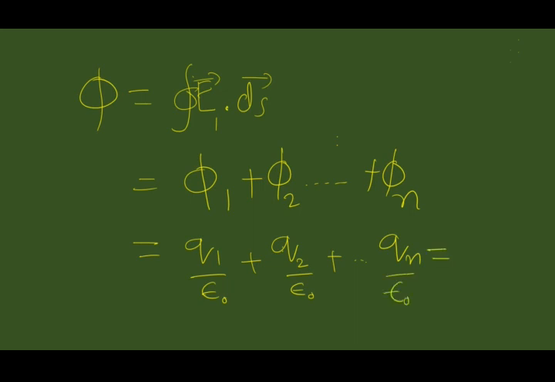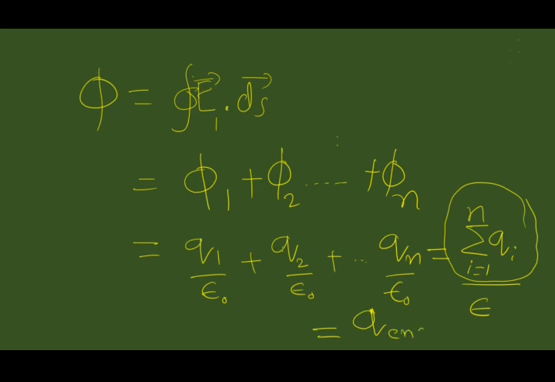Therefore, I can write this as the summation of qi, i varies from 1 to n, divided by epsilon naught, or I can write it as the net charge q enclosed, since they lie inside the surface, divided by epsilon naught.